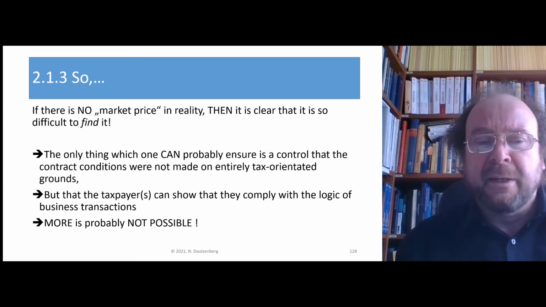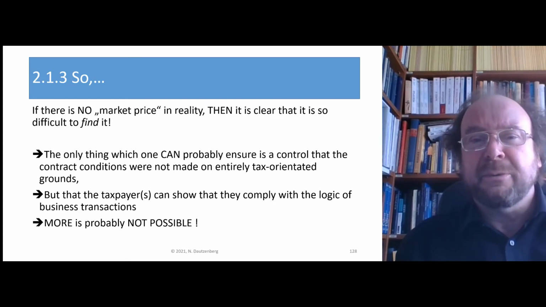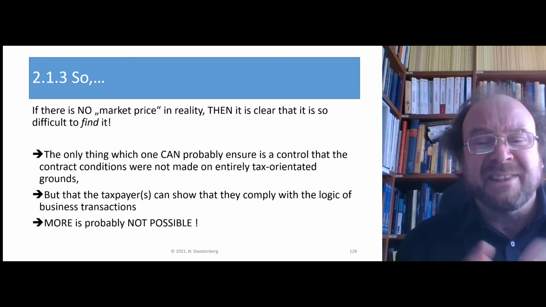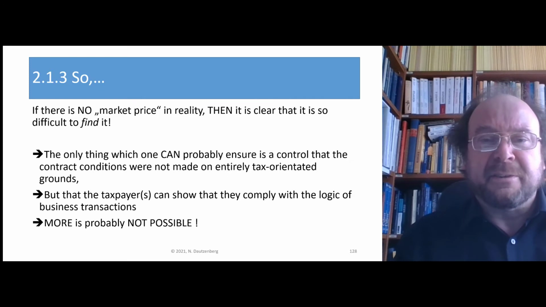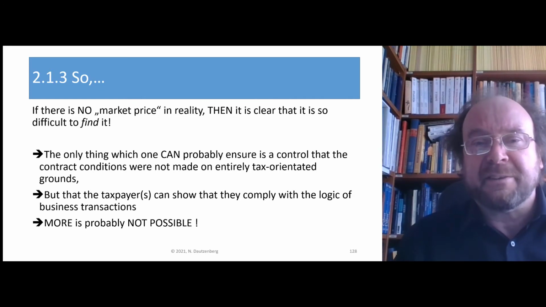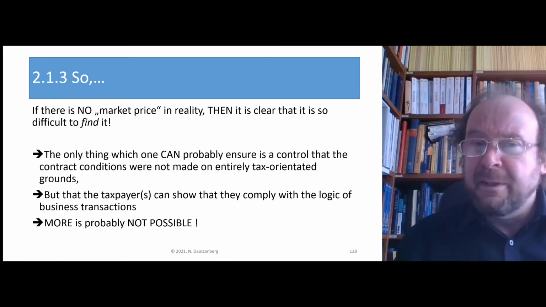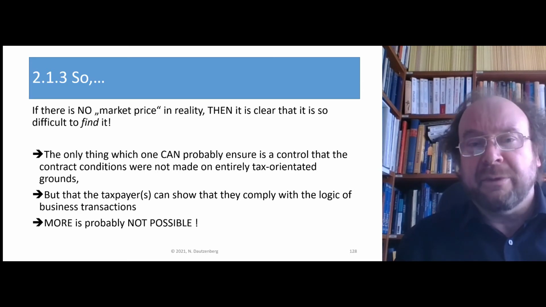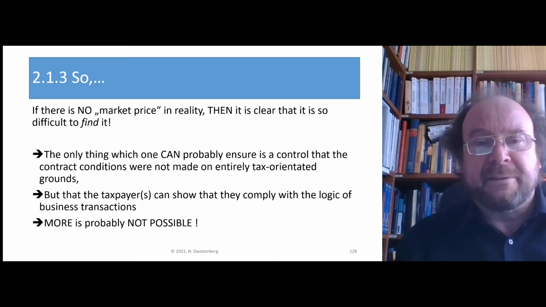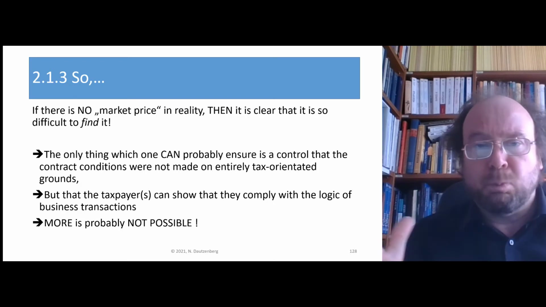The only thing which you can realistically prove, where you can use that whole transfer pricing rule system for, is to make sure that the conditions which are agreed upon between related parties are not entirely tax-driven, but follow a business administration logic. That is the only thing which you probably can make certain in real life. The rest is just arbitrary.